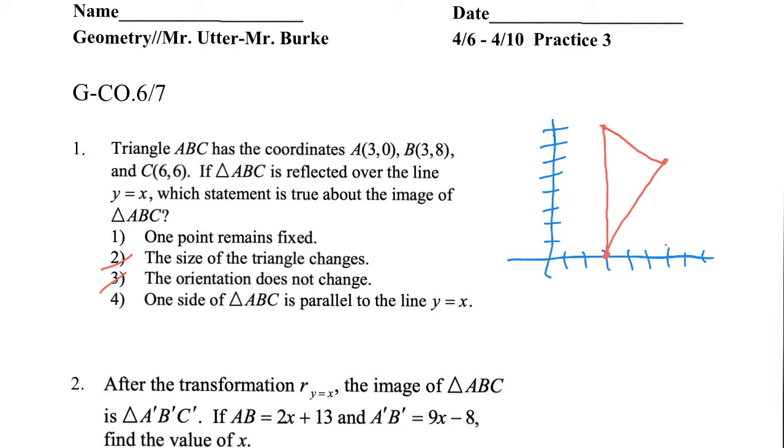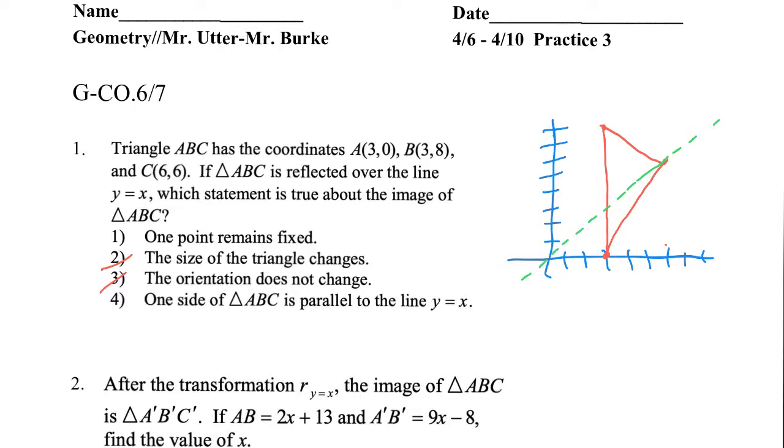And then we put in our line y equals x, right there. As you can see, none of these sides look like they are parallel to the line y equals x.